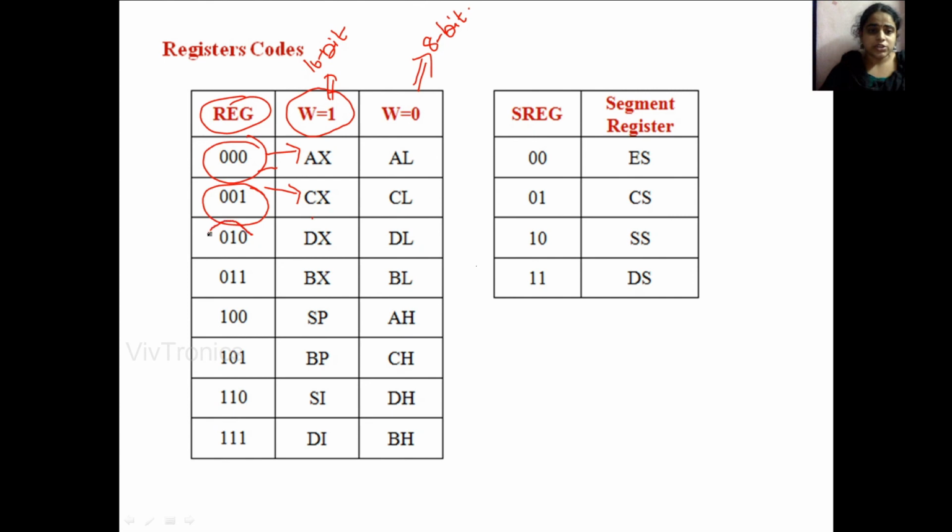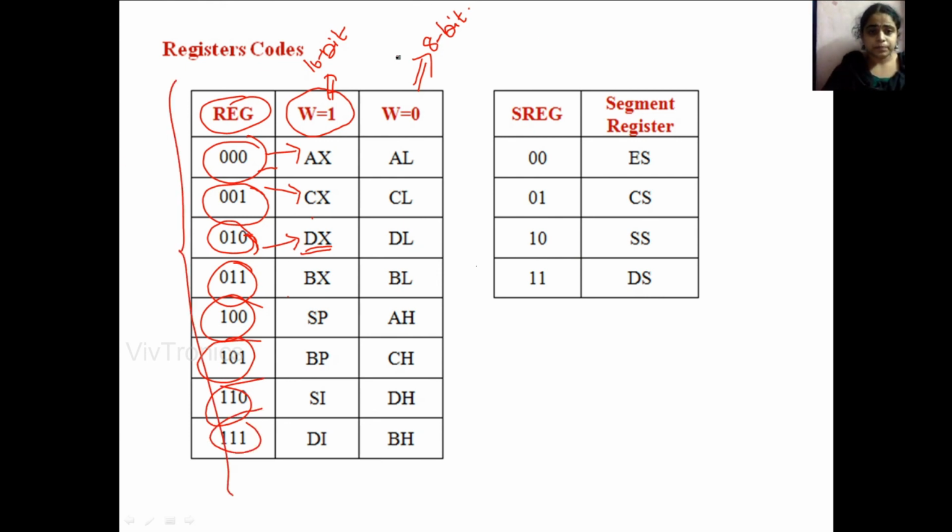If the combination is 0 1 0, then you will get the DX register. If the DX register is in the instruction, then the combination of those 3 fields will be 0 1 0. Like that, depending upon the combination, a particular register is selected in the register instruction format.